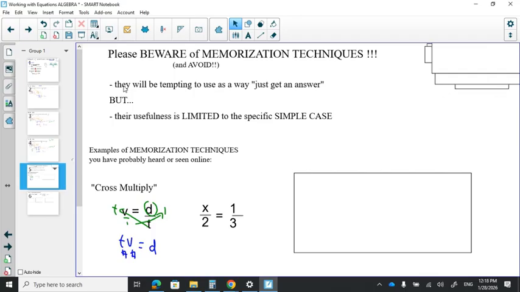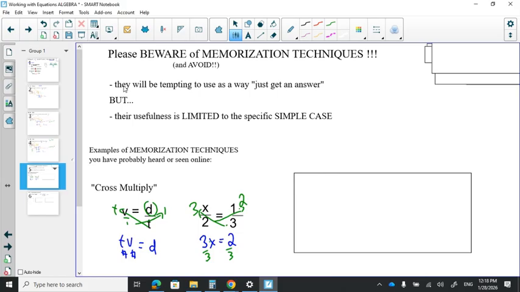Even a lot of cases with very similar forms. It's kind of silly to cross multiply, right? You end up with the 3 up here and the 2 here, and you end up with 3x equals 2. And then you still have to get rid of that multiply by 3, so you still have to divide by 3, which you put up there and now you're getting rid of it. It seems kind of redundant, right?